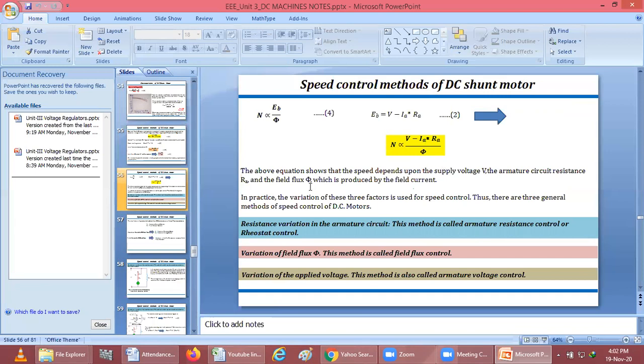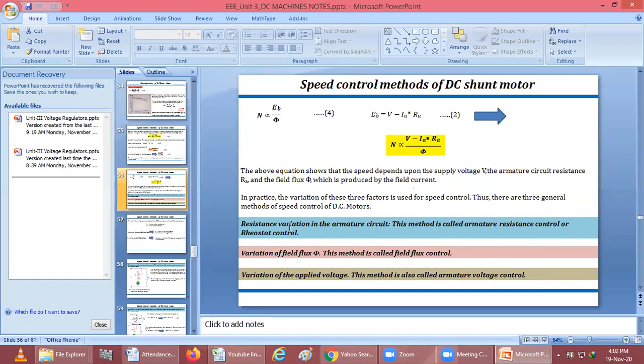So the above equation shows that speed depends upon the supply voltage, armature current, armature resistance and the flux generated in the field winding. So we can say that variations of these three factors will be used to control the speed in the DC shunt motor.